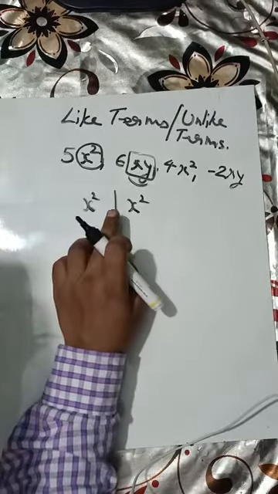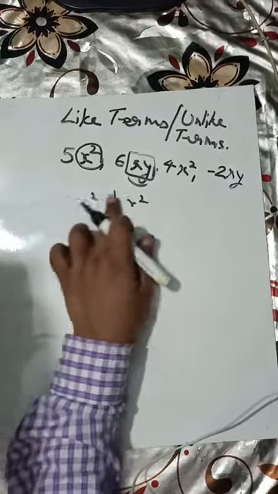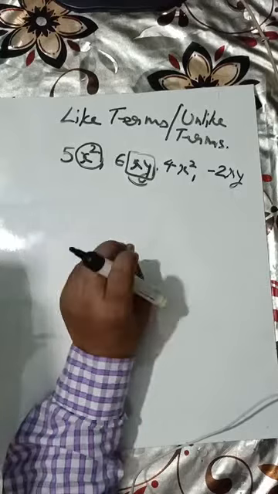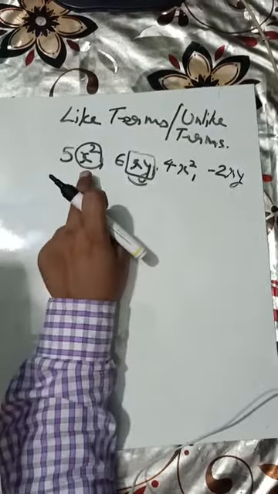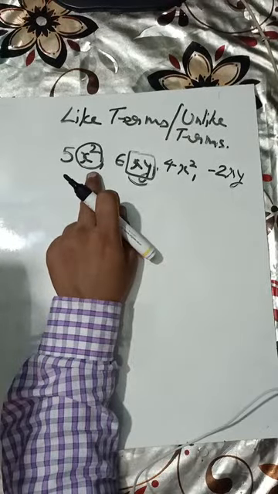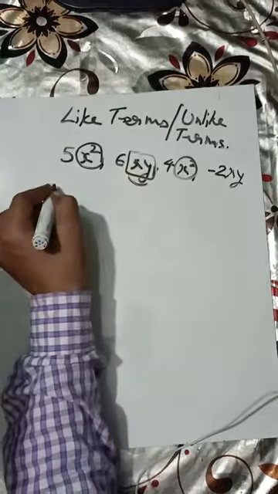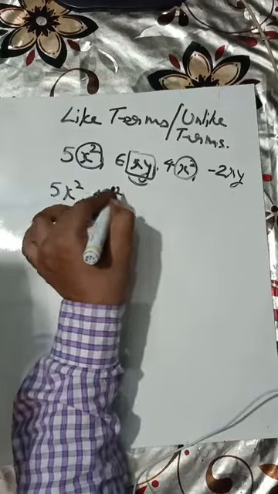So the like terms are those terms in which the variable parts are exactly the same. Means if it is x square, the like term of this will be that term in which the variable part is also x square. So 5x square and 4x square are like terms.